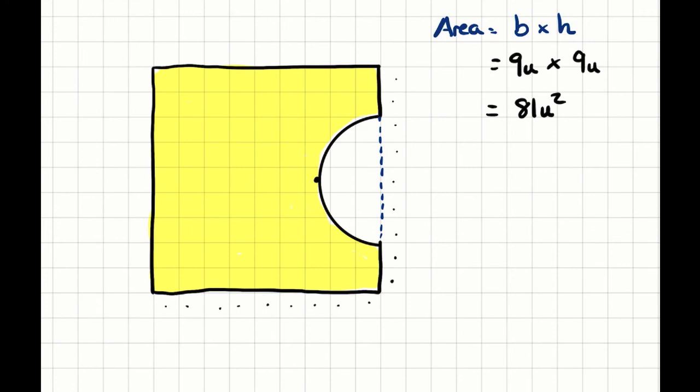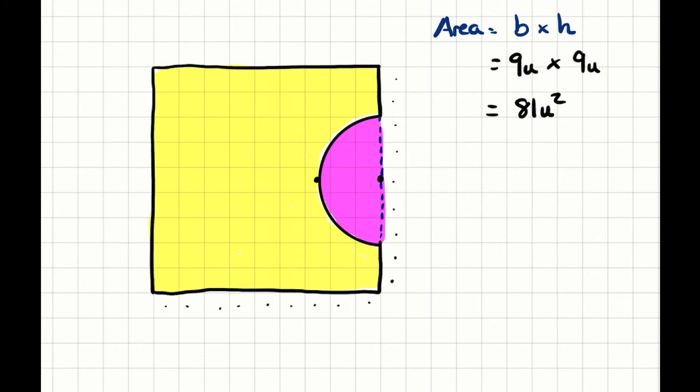Now, that's what it would have been had we not taken a chunk out of it. What we need to do now is say, okay, how much of a chunk would this area, which is a semicircle, have been? In order to figure that out, we need to look at the radius of that semicircle.